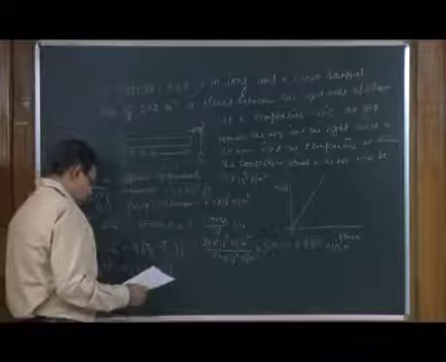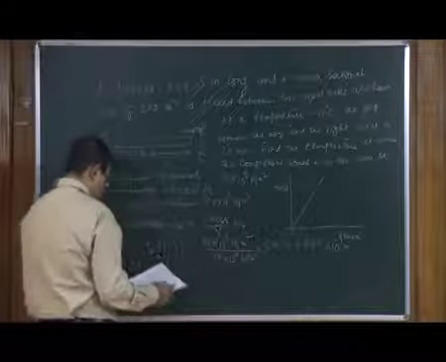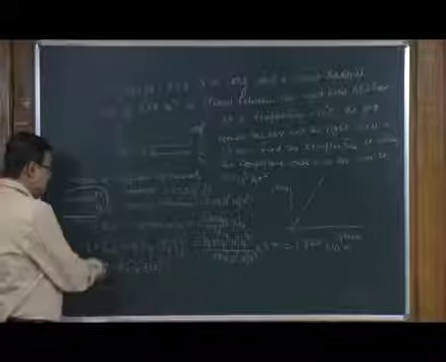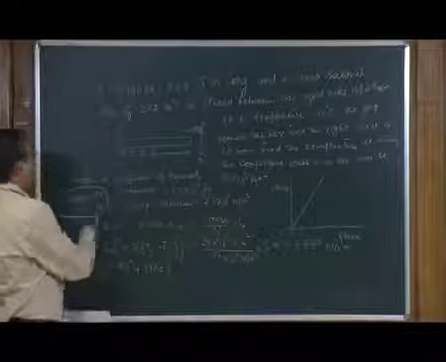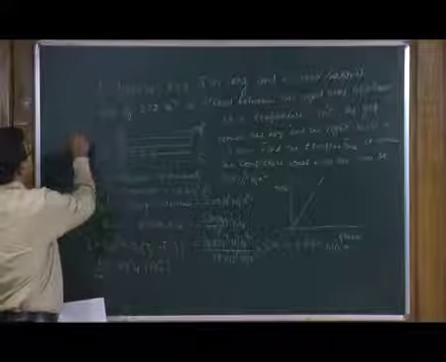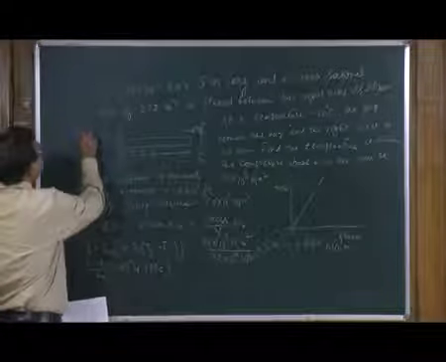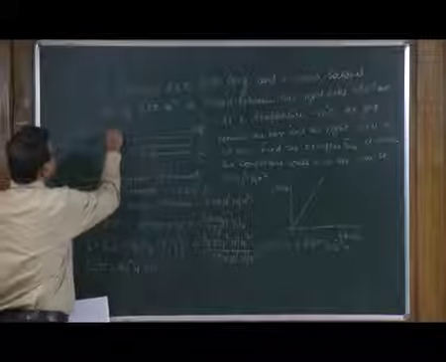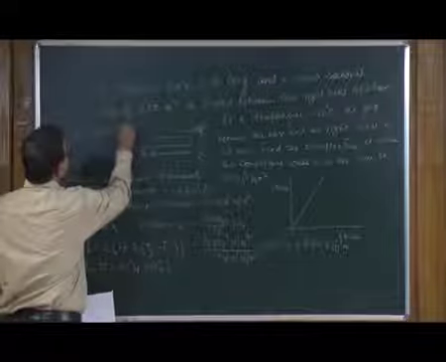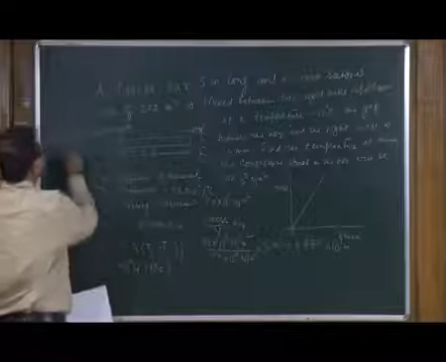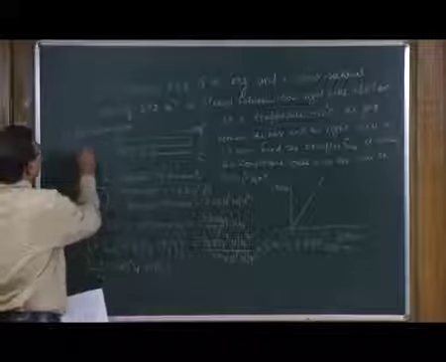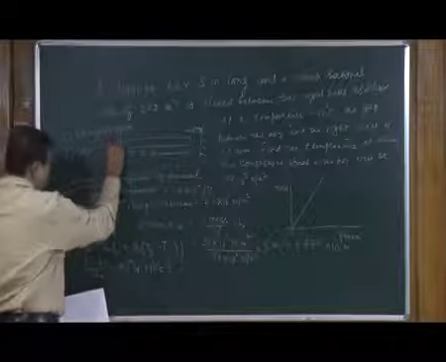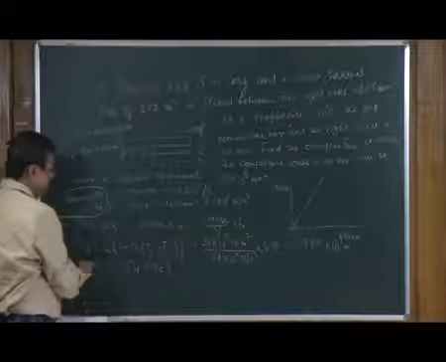Putting all these, L is equal to 5 meter plus 20 millimeter plus the delta x that we have calculated. L0 is equal to 5 meter plus 20 millimeter. Thus, L minus L0 is simply delta x.